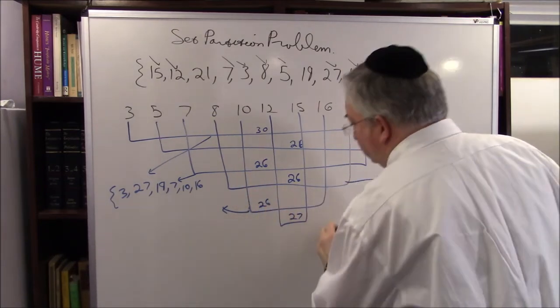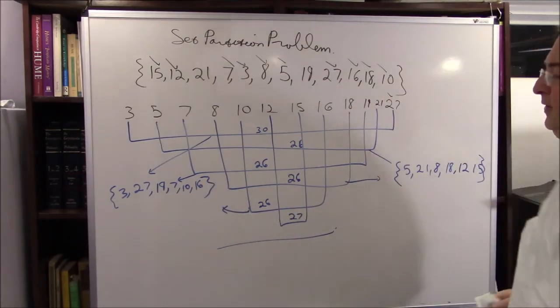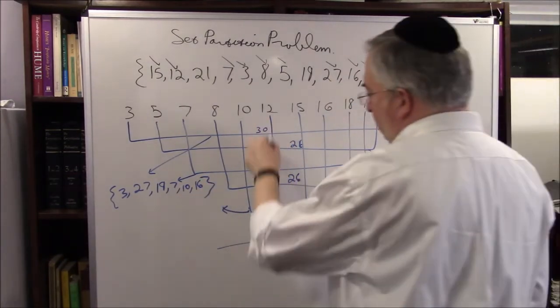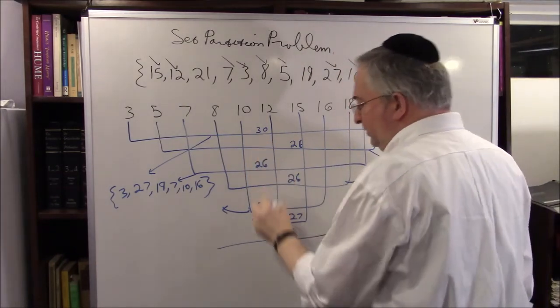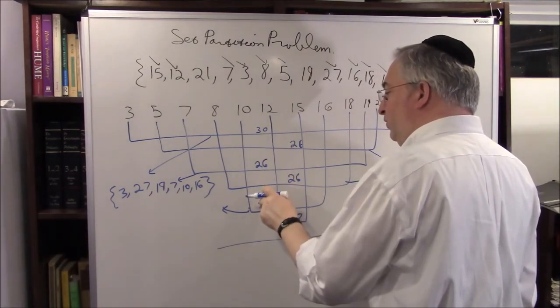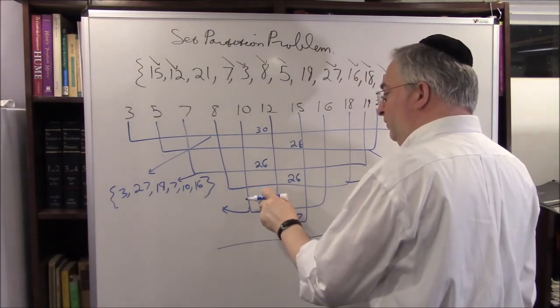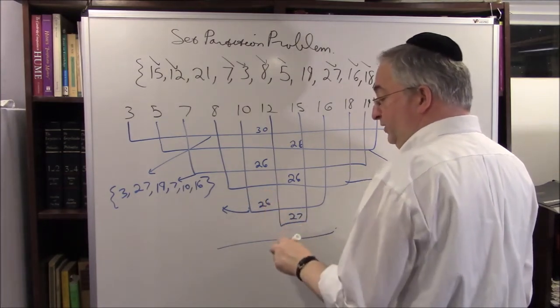Okay, great. So, let's see, how much are in here and how much are in here? Okay, and the answer is in here is 26 and 26 is 52.